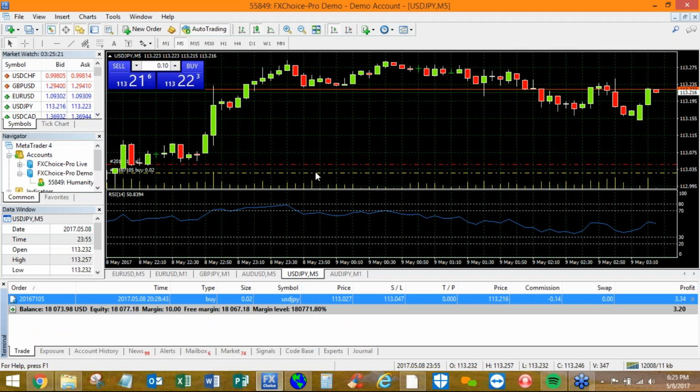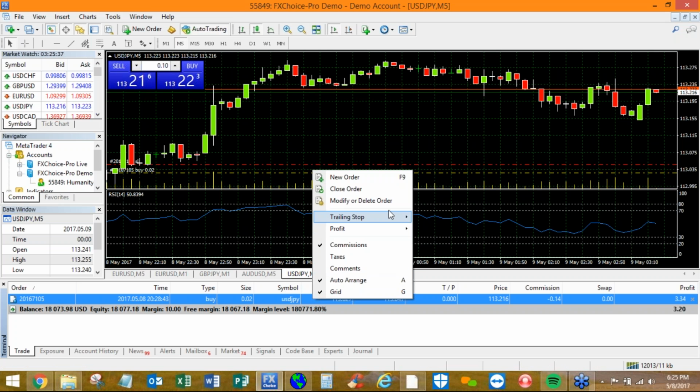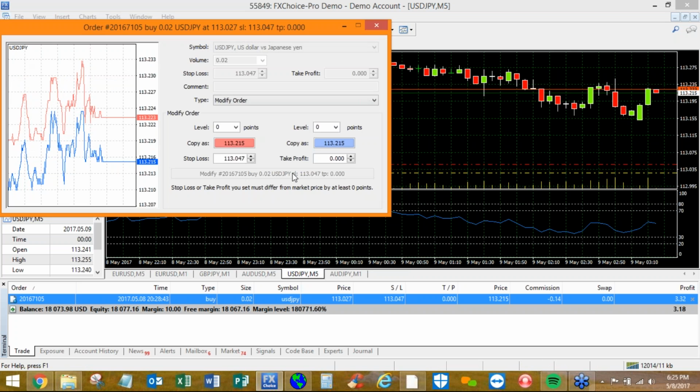As soon as the market price, over here, moves above my entry price, as long as I'm in a buy and it goes long, or if I'm in a sell and it goes short, either way, I right click on my price. I can now modify or delete, and underneath the modifying category, I can change my stop loss. So instead of taking 2 pips, maybe I want to take 10 pips on this one.